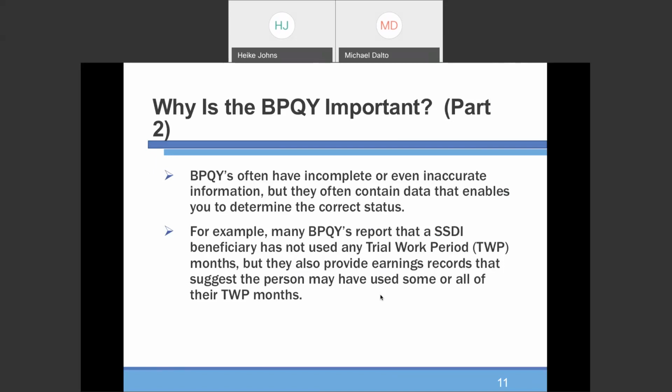For example, many BPQYs for people who receive Social Security disability will show no trial work period months have been used. But the same BPQY may show an earnings record that suggests that the person's earnings have most likely or certainly been high enough for them to use some or even all of their trial work period months. And that will tell you that Social Security has either not received earnings reports from the individual, or they haven't entered the information into their data system yet.